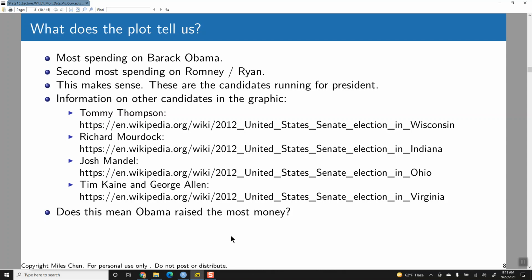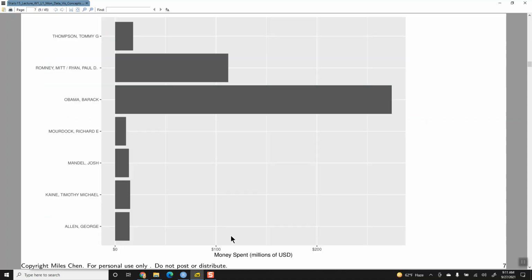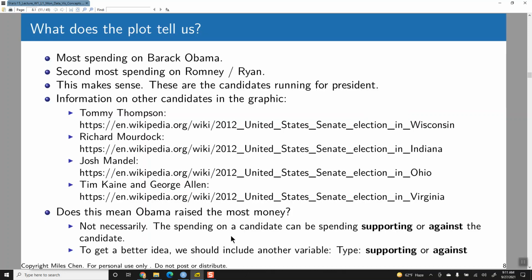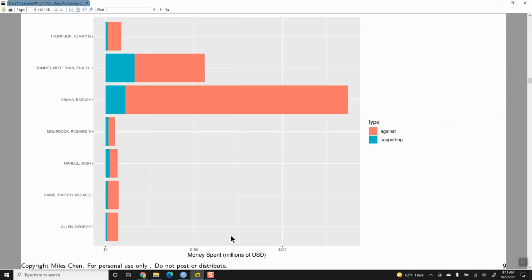And so, did Obama raise the most money? The most spending was definitely on Obama. But again, like I said, the money spent on a candidate could be supporting or against. And so we should take a look at this. What we can do is take this graphic and color it based on the type of spending.